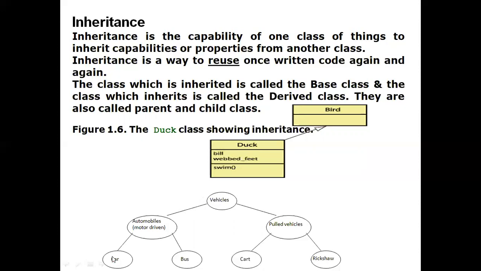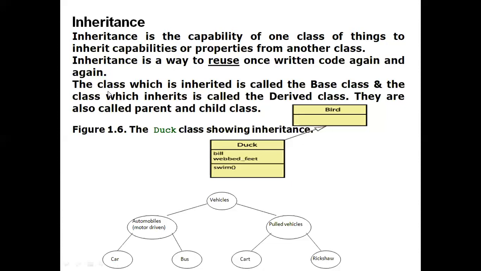We are reusing automobile properties and vehicle properties in car, and car has its own properties also. So car has its own properties, automobile properties and vehicle properties. This is inheritance, a very useful property of the object oriented concept.